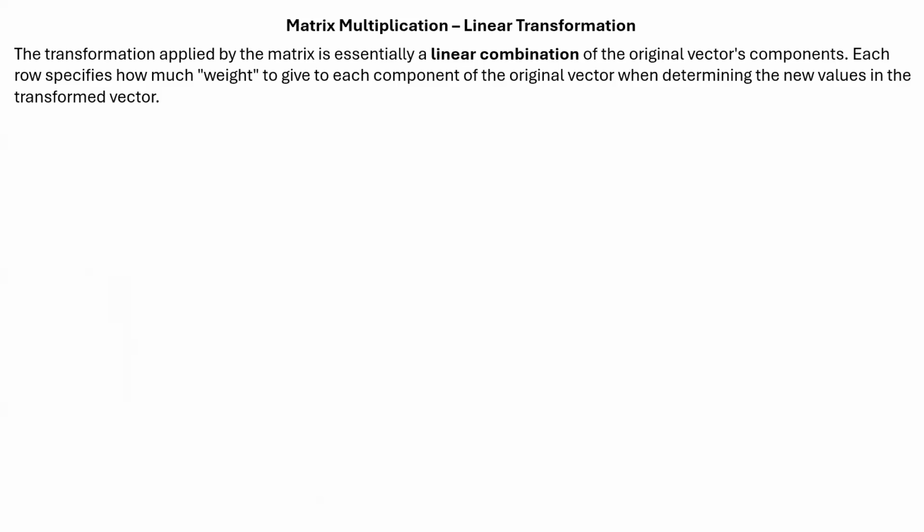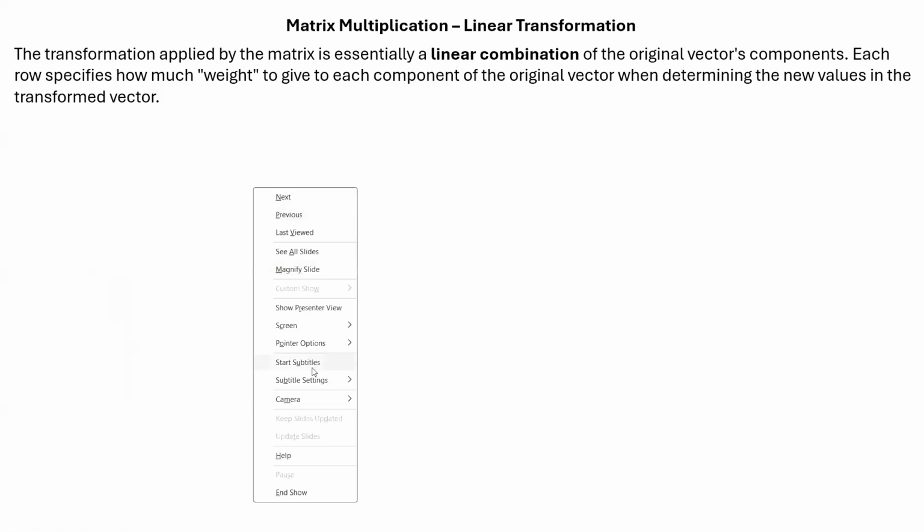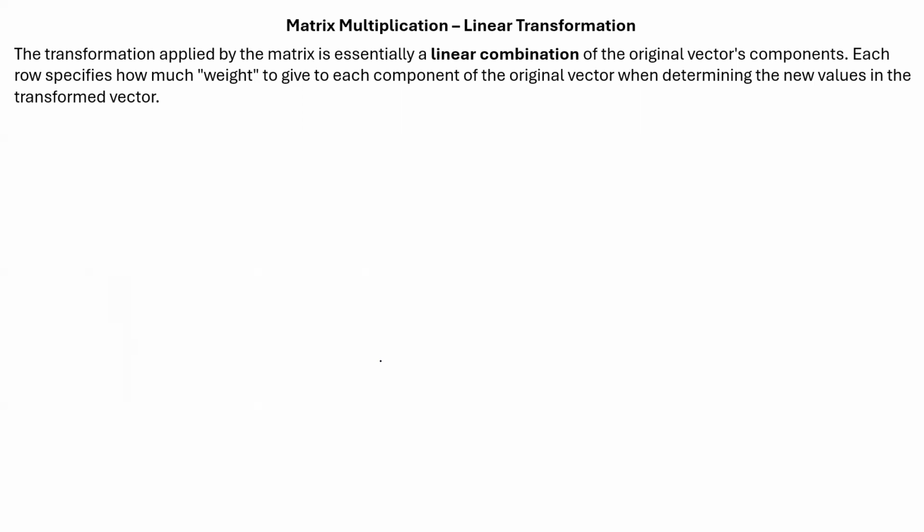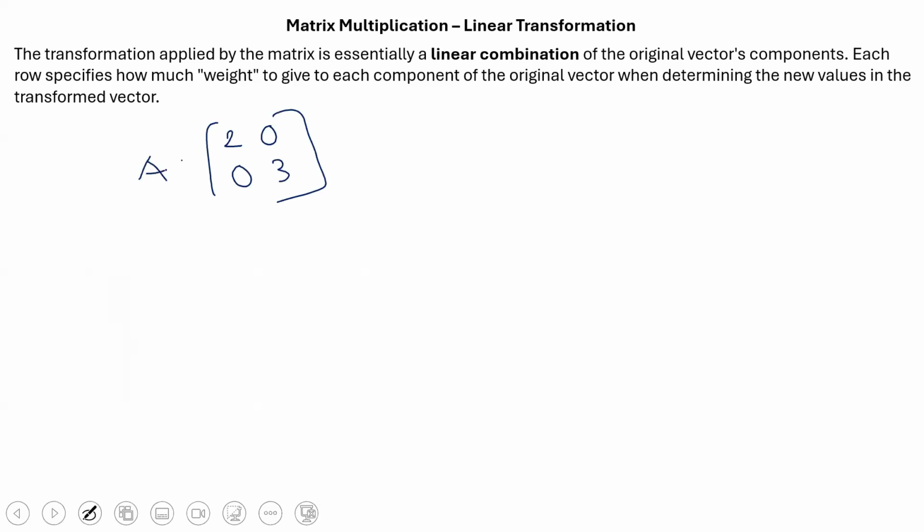It looks a little complex, but I'll break this down and try to show you. Let's take a simple example, and then you will understand this. I'm going to take a new matrix A: 2 0, 0 3. This is my matrix A, and matrix multiplication will do a linear transformation.